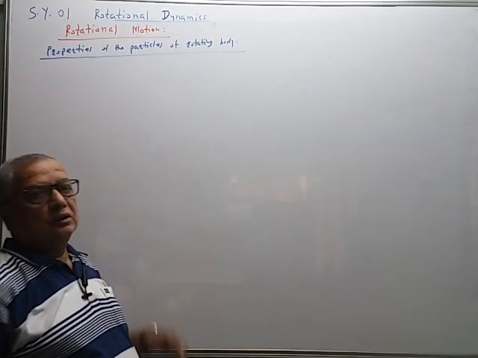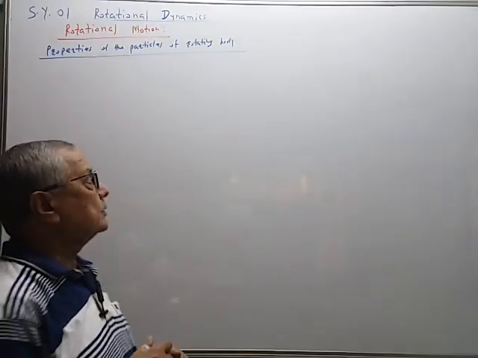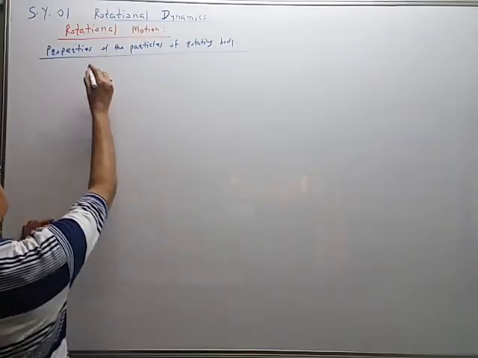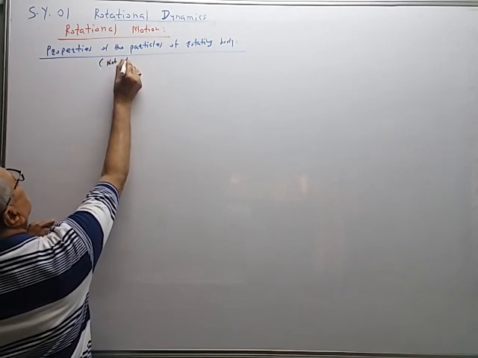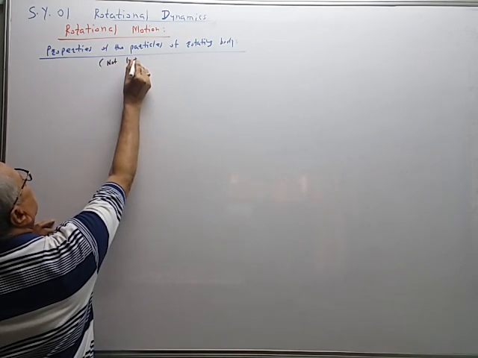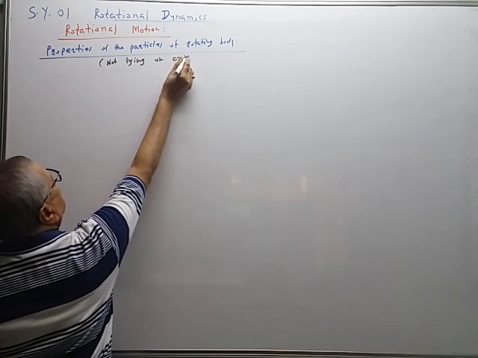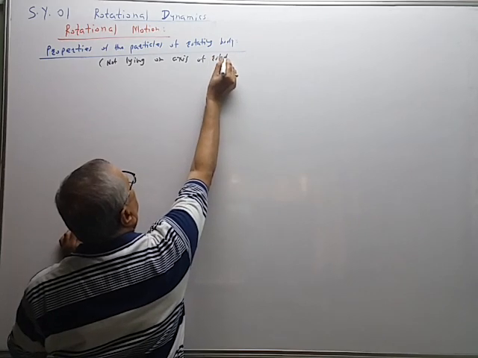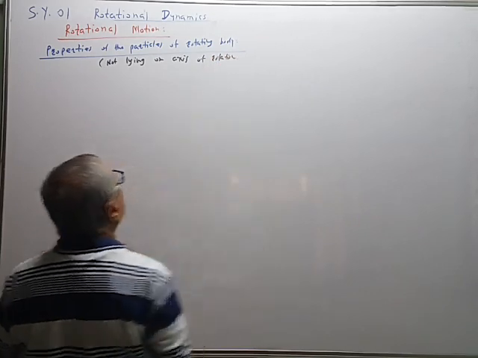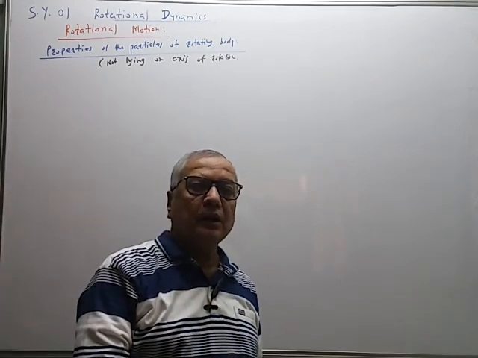Properties of the particles of a body not lying on the axis of rotation. So the properties are like this. We can consider a simple example.